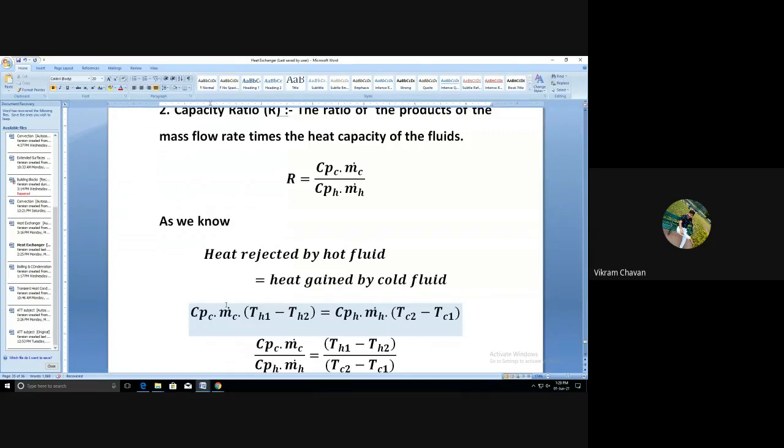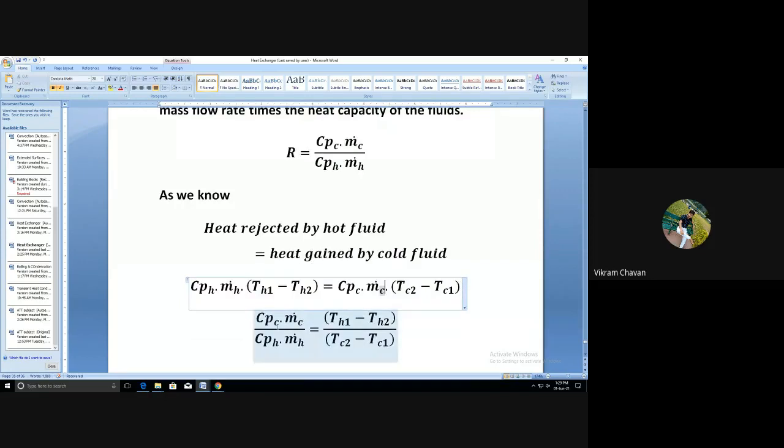By using this relation, heat rejected by the hot fluid is M dot H multiplied by CPH multiplied by TH1 minus TH2, and heat gained by the cold fluid is M dot C multiplied by CPC multiplied by TC2 minus TC1.